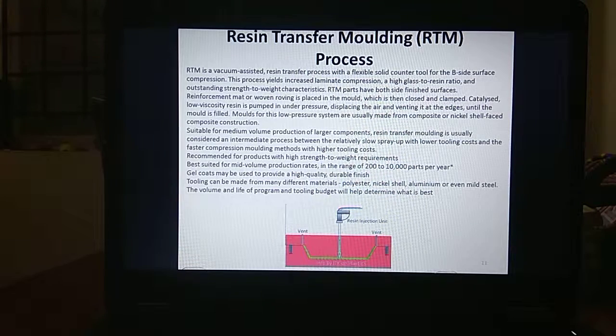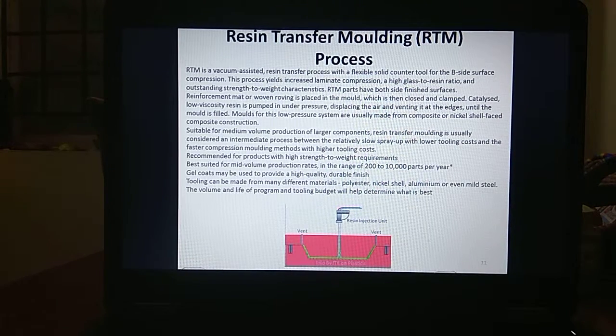This process yields increased laminate compression, a high glass to resin ratio, and outstanding strength to weight characteristics. RTM parts have both side finished surfaces, both A side and B side.